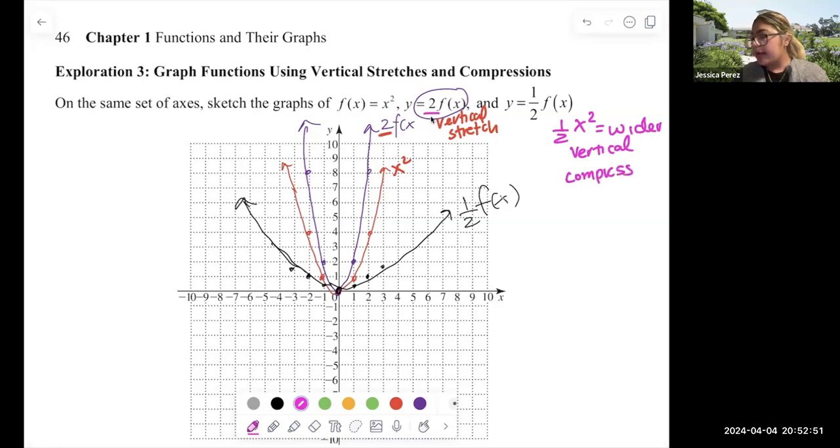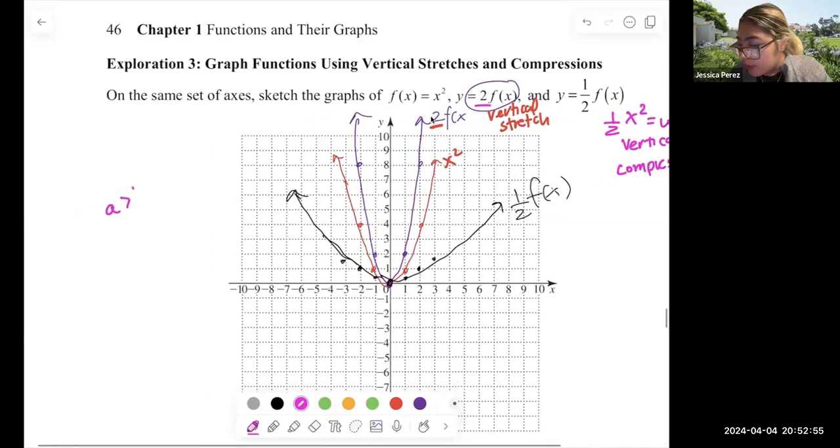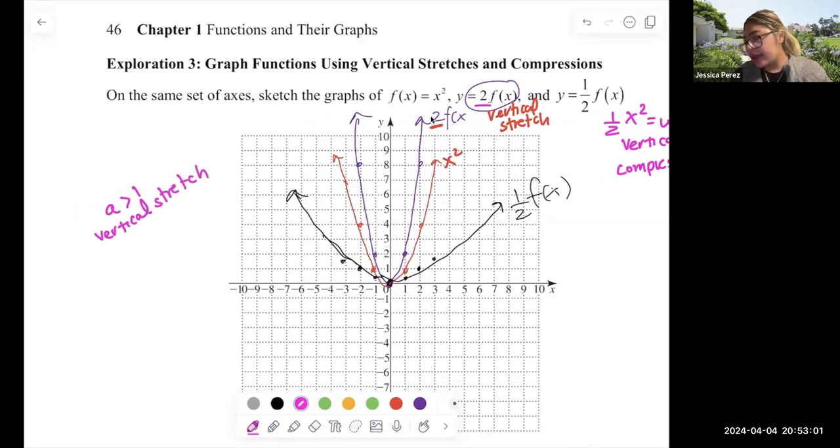So if you have a value a greater than 1, this is going to be a vertical stretch. But it has to be on the outside, a of f of x. If a is a fraction, meaning in between 0 and 1, this is going to be a vertical compress.